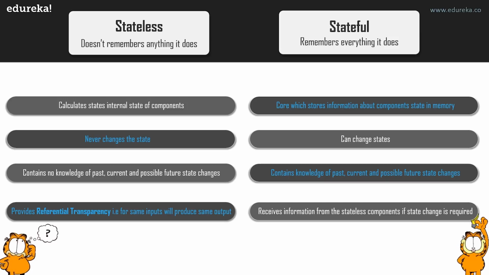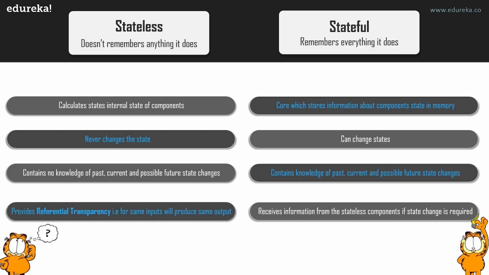The stateless components never change their state. But stateful components, as I talked about, can change their state, because there will be an initial state and there will be a final state. So they can change their states. The stateless components contain no knowledge of the past.